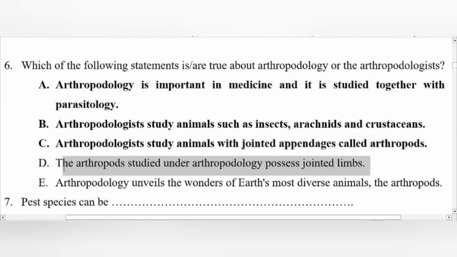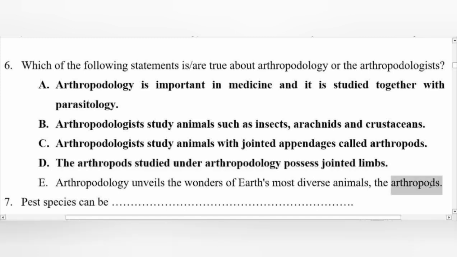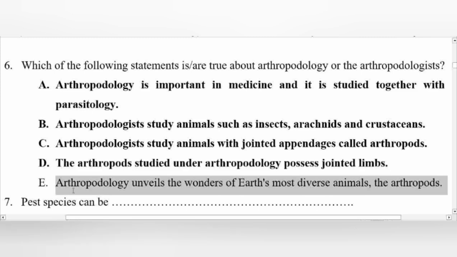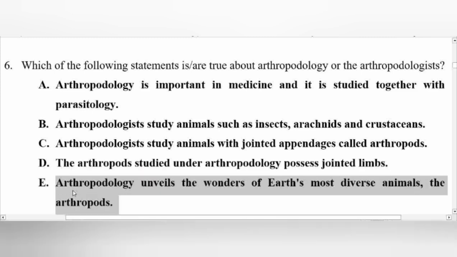So the arthropods studied under arthropodology possess jointed limbs. It is true. Then anthropodology unveils the wonders of Earth's most diverse animals, the arthropods. Yes, the arthropods are considered the most successful animals.